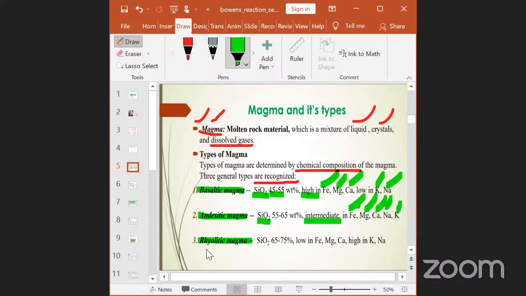And the third one is rhyolitic magma, which has a silica percentage of 65 to 75 percent, and is low in iron, magnesium, calcium, and high in potassium and sodium.